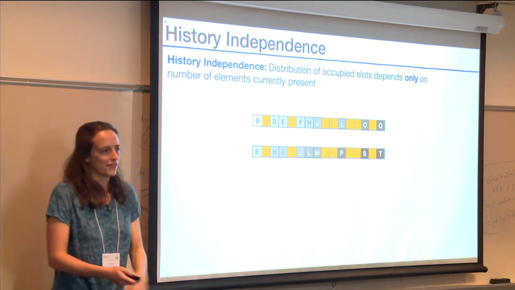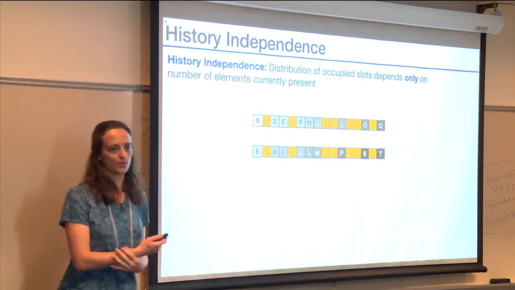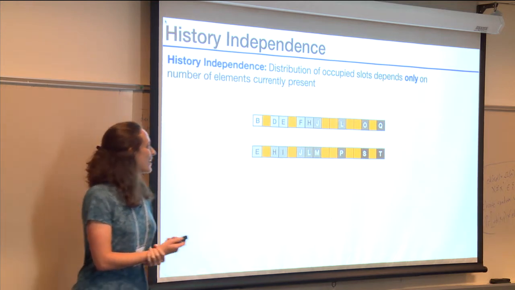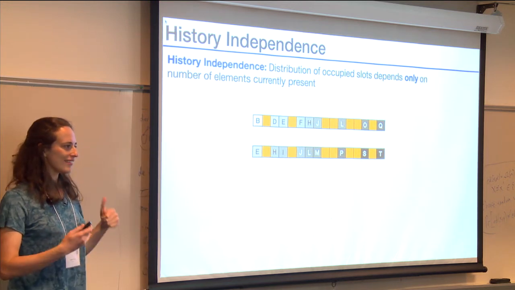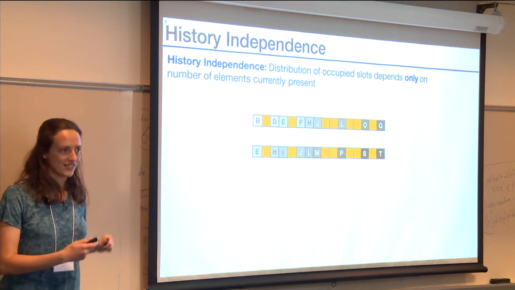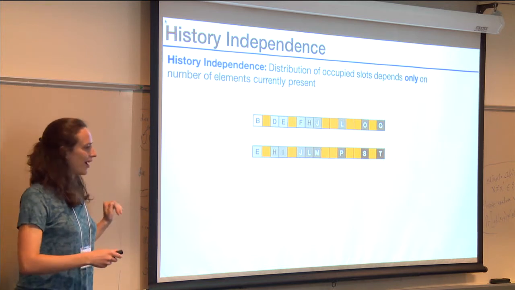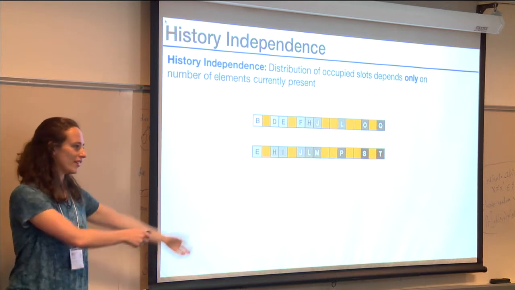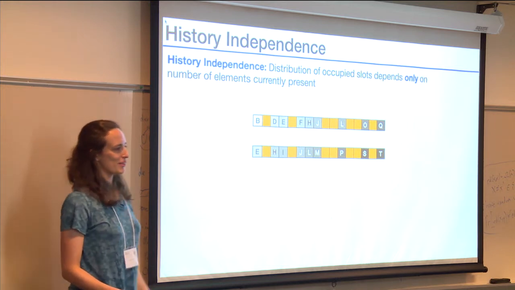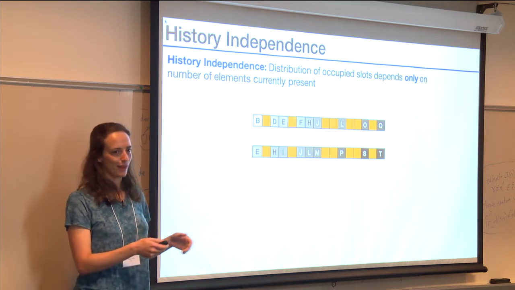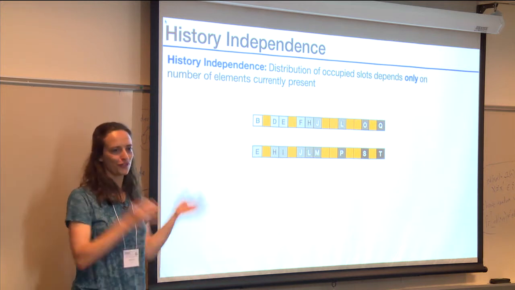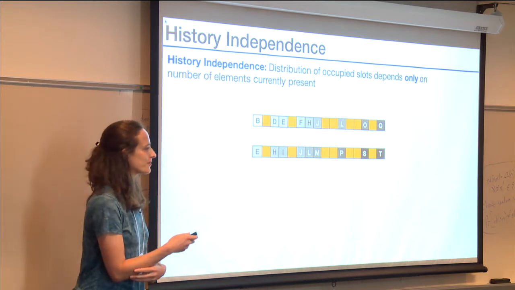In reality, it doesn't have to be the exact same slots, it's just that the distribution is the same. Good. So in particular, the slots that are occupied do not depend on the history. So it does not depend on whatever the adversary did in the past, whatever insertions and deletions happened. That's completely independent of the current state of the data structure.